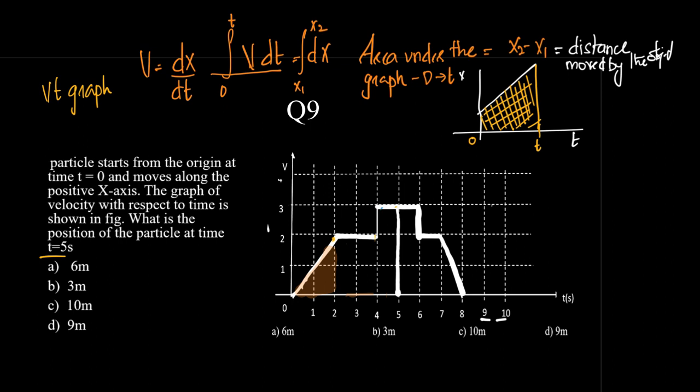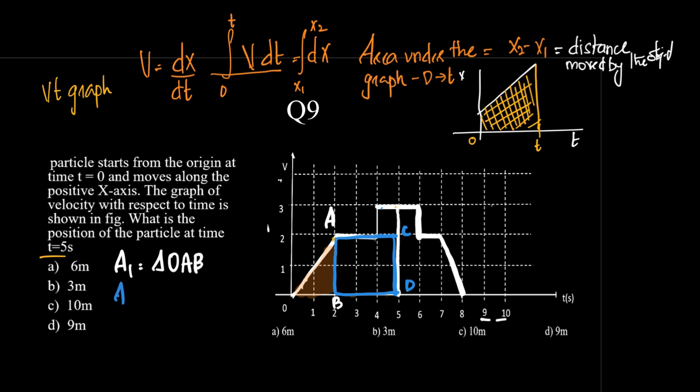Let us mark that as O, A, and B. So area 1 is triangle OAB, right? Now what is the second area? See, it depends upon how you approach the question, but as of now, let me consider this much to be the second area. Say A, B, C, D.